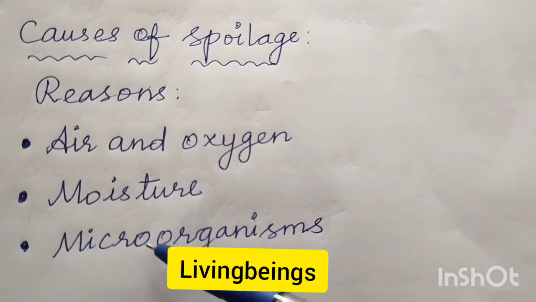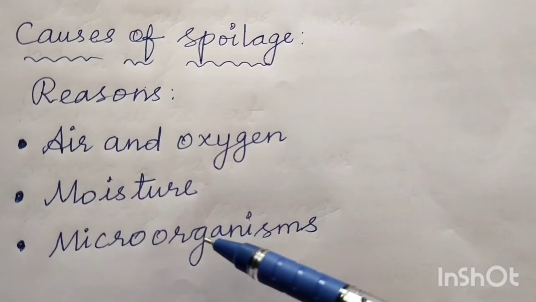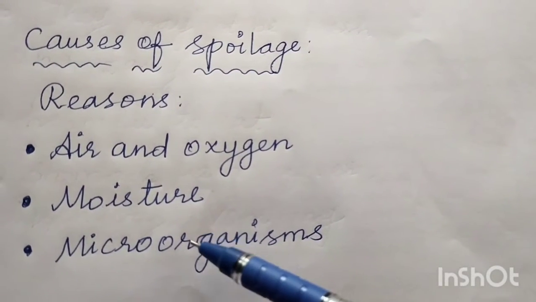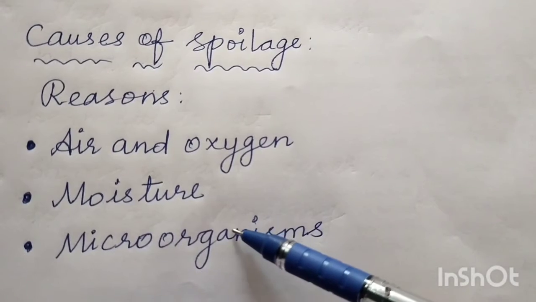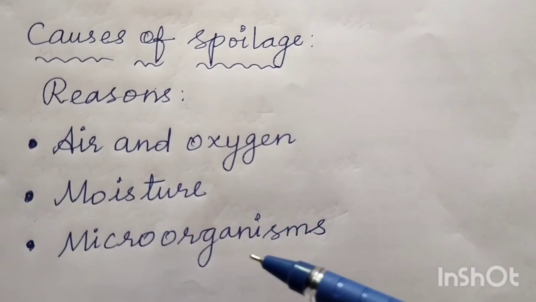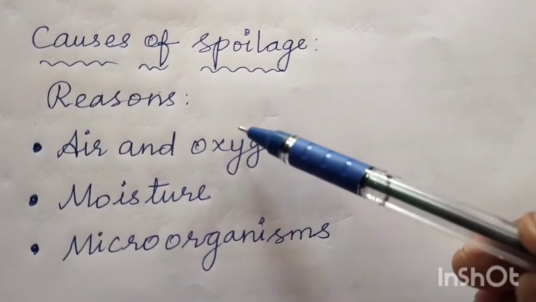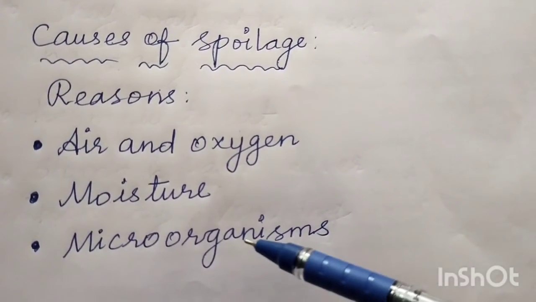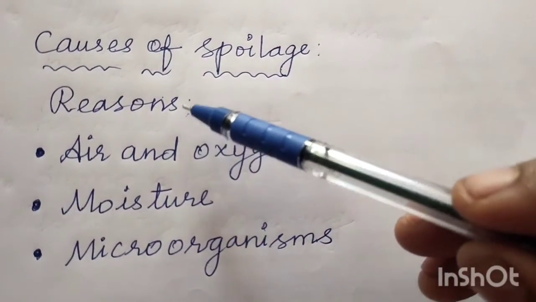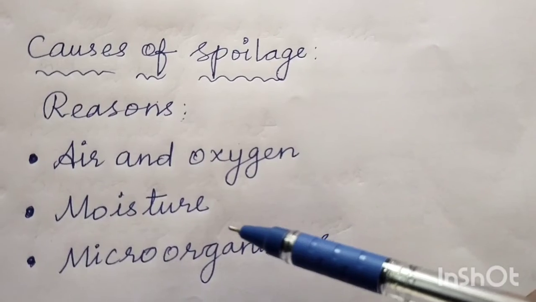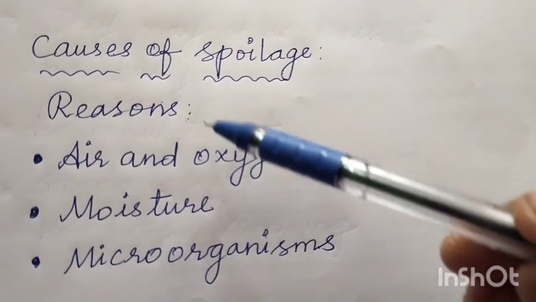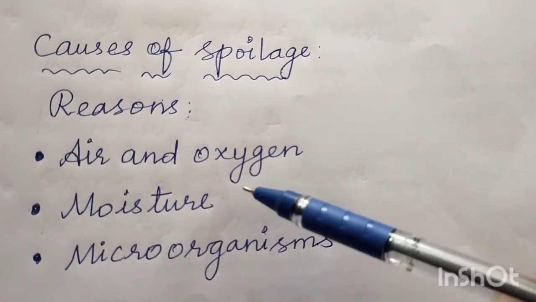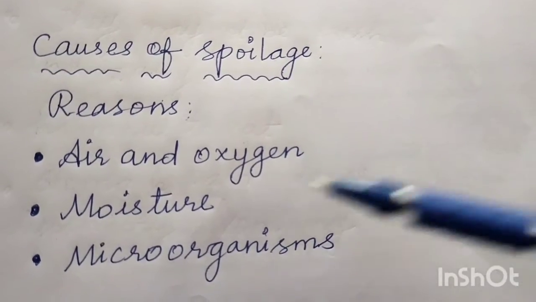Organism means living beings. So very small living beings such as bacteria and viruses are a reason for the spoilage of food. Okay. So these are some important reasons, or the causes, of the spoilage in food. Okay, let's go and study this one by one.